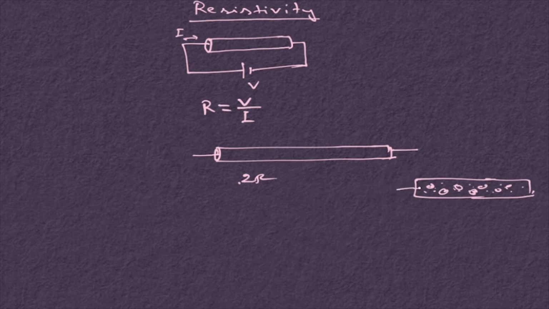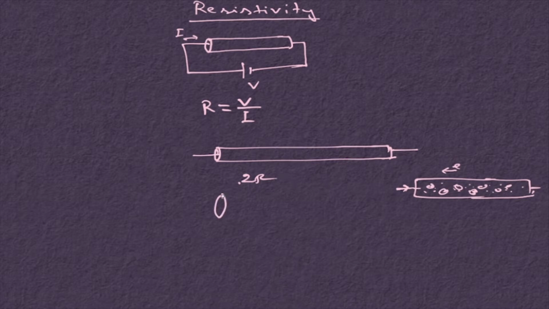When an electric field is applied by connecting a voltage, the electrons will start drifting in the opposite direction, opposite to the flow of the current. These electrons collide with the ions, and hence the resistance comes up. If the length is more, they will face more resistance in their movement, so the resistance increases.